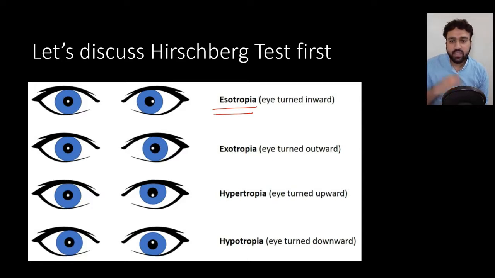On the other hand, if there is an exotropia and the eye moves outwards, the corneal reflex will move towards the nasal side. So the position of the corneal reflex tells us about any misalignment of the eyes. If both corneal reflexes are centered at the pupil, both eyes are aligned and orthotropic.